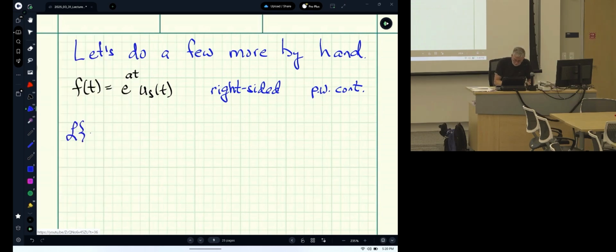So the Laplace transform of e to the at unit step of t. Well, you know me, I like us to write down the definition a couple of times until it becomes repetitive. That's how we memorize things. We put the function, then we put the magic sauce from Laplace, the e to the minus st dt.